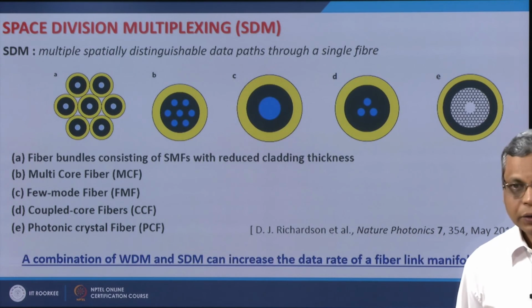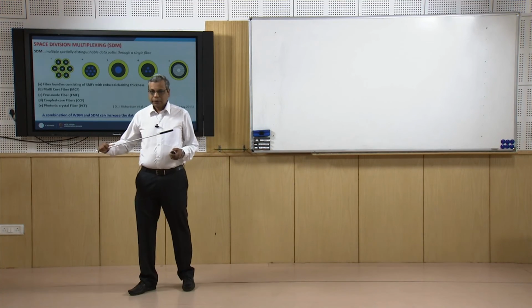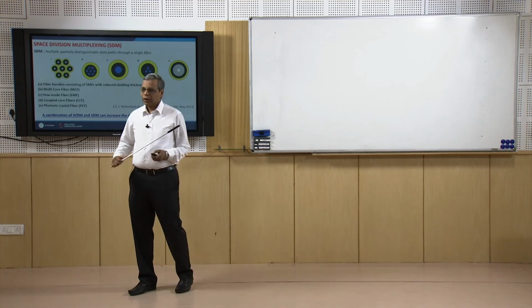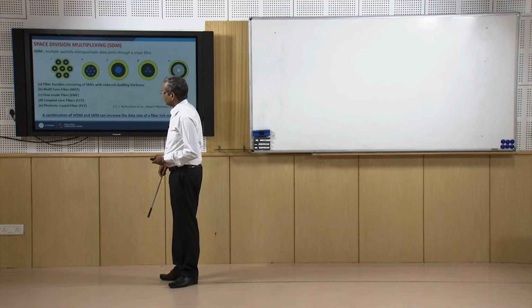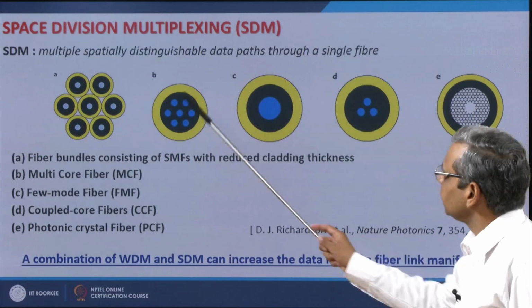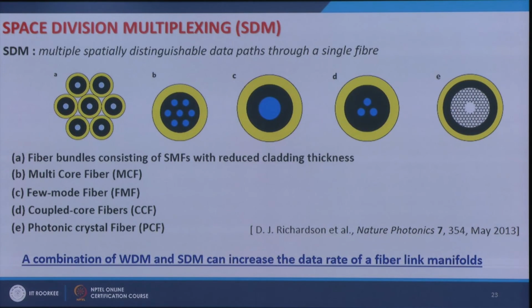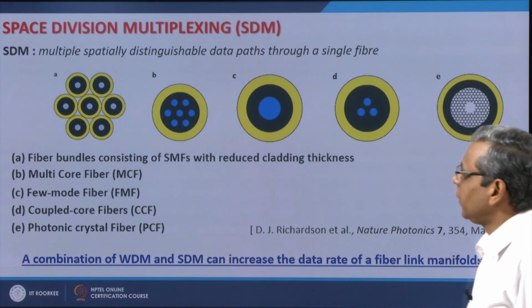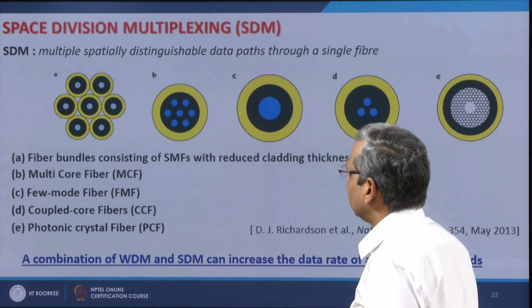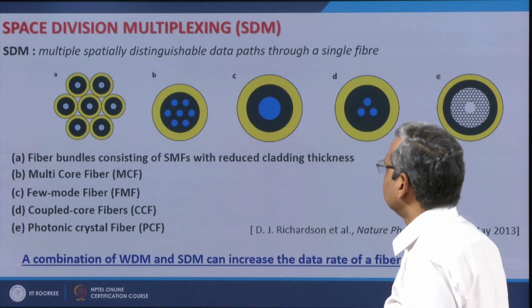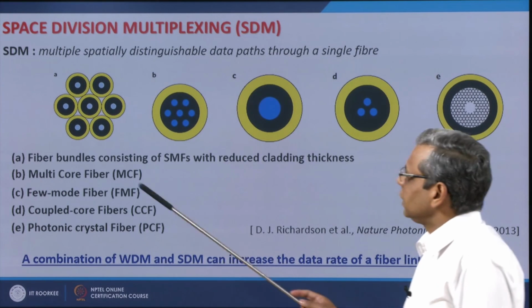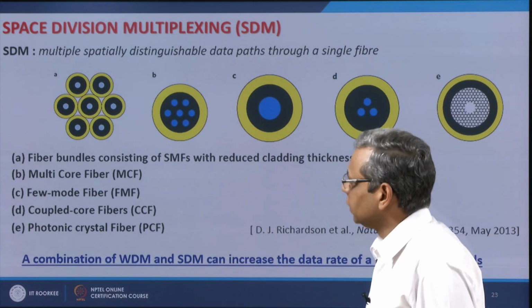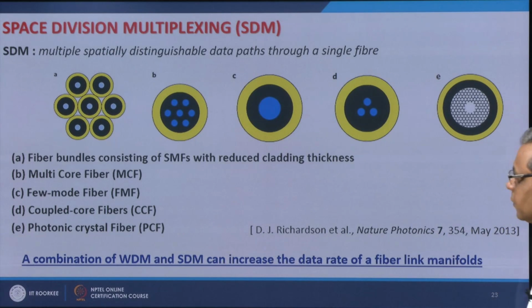So, apart from wavelength division, now people are looking at space division multiplexing, and this can be achieved through various routes. One is you can have fiber bundles consisting of several single mode fibers with reduced cladding thickness, but there is a problem of compactification in this kind of approach.